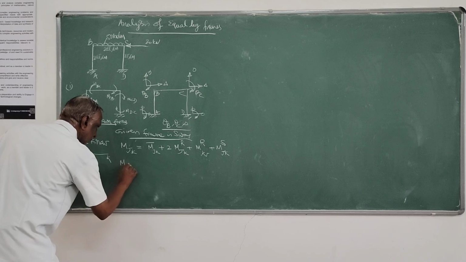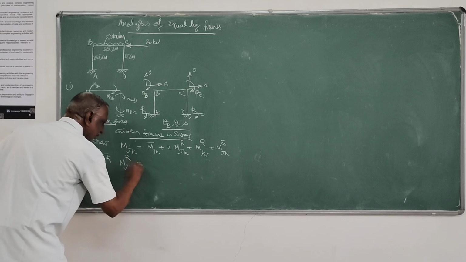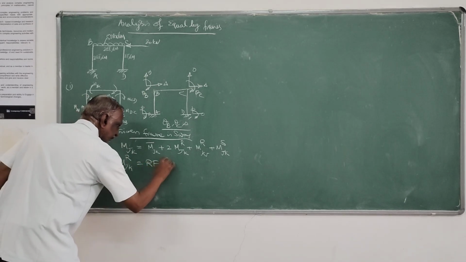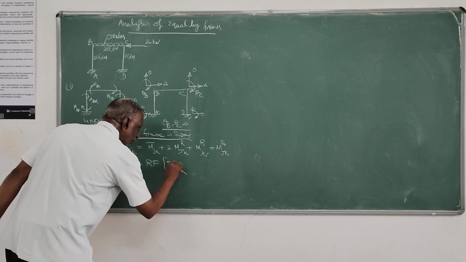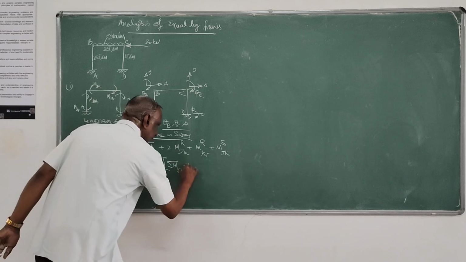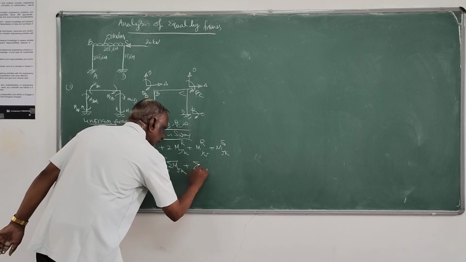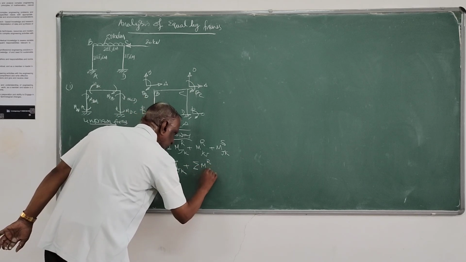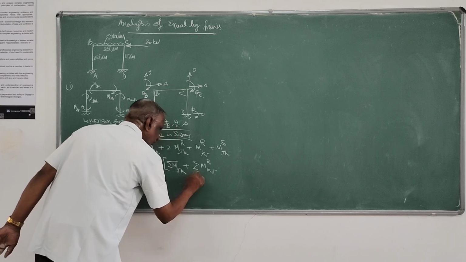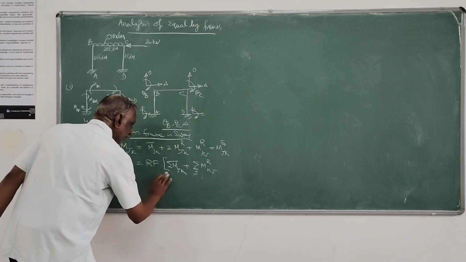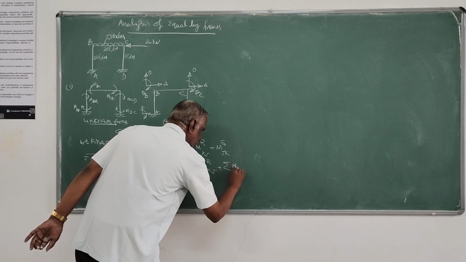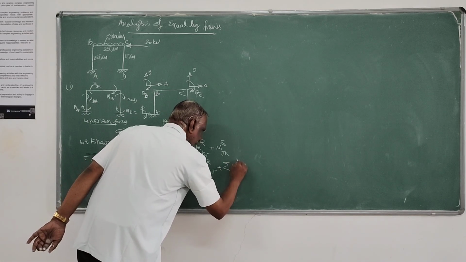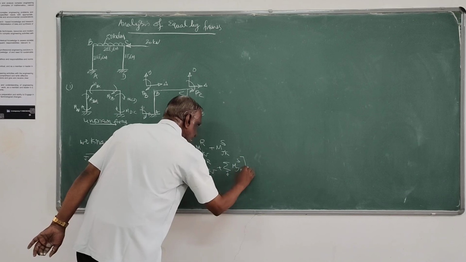And this rotation contribution is given by the rotation factor into the sum of the fixed end moments of all the members meeting at the joint, plus the sum of the rotation contributions at the far ends of all the members at the joint J, plus the sum of sway contributions of all the members meeting at the joint.